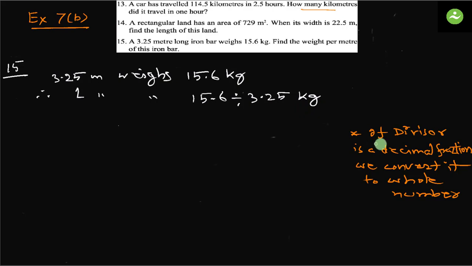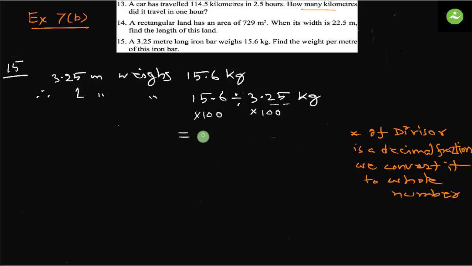Now, as we know, if the divisor is a decimal, then convert it to whole number. It is a decimal fraction, so we convert it, we multiply by 2 digits, means we multiply by 100. We multiply the dividend also by the same number.